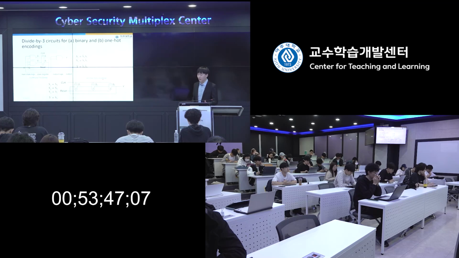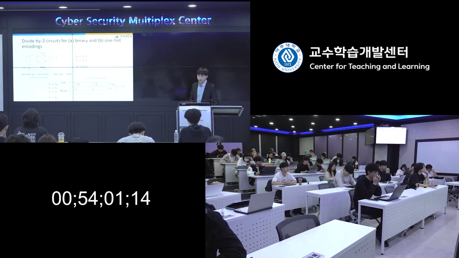If you use one-hot encoding, the style is also kind of different. Based on these Boolean equations, if you start from the first equation, S1 is the current output for the S2 prime. So we put the S1 here. S1 will be the S2 prime's output, right?